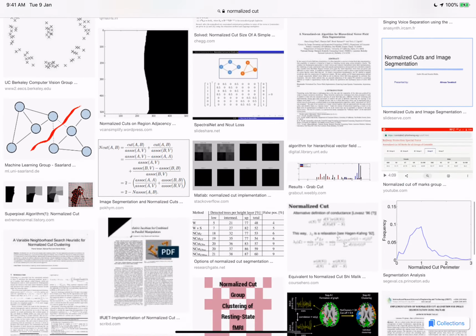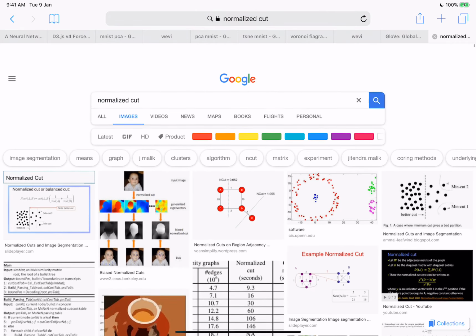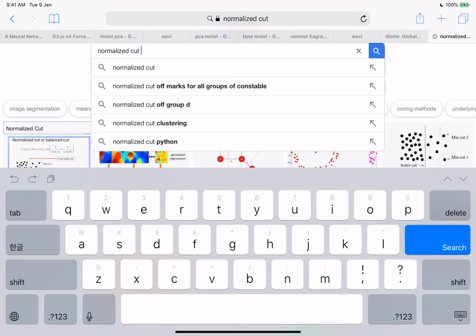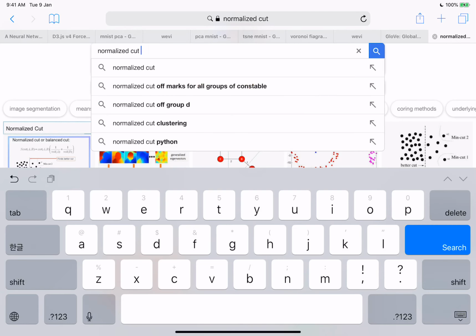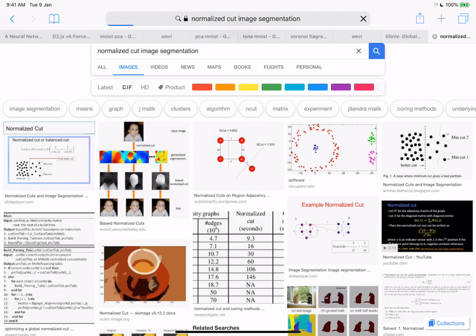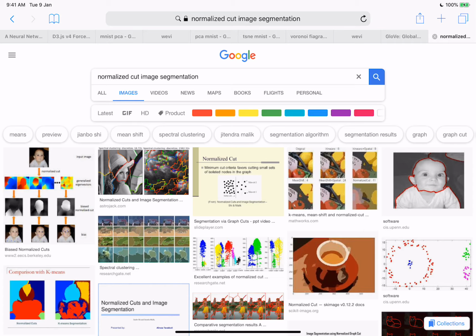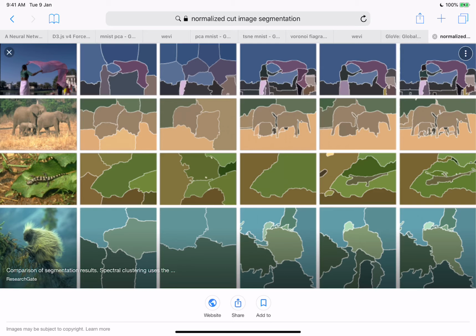So you guys might be familiar with image segmentation. Okay, so these are the image segmentation results, but this is different from semantic segmentation.